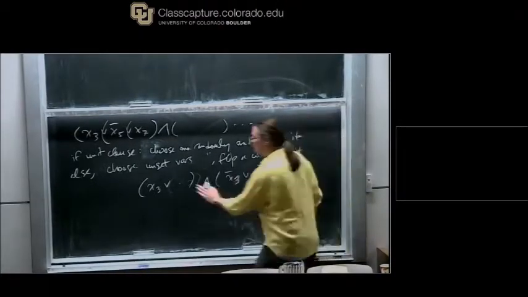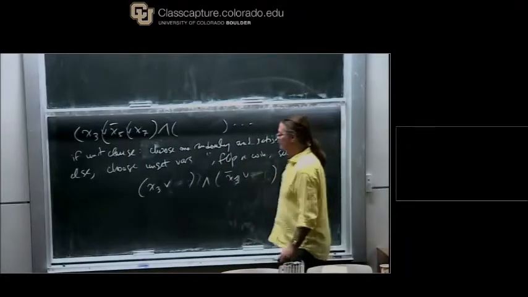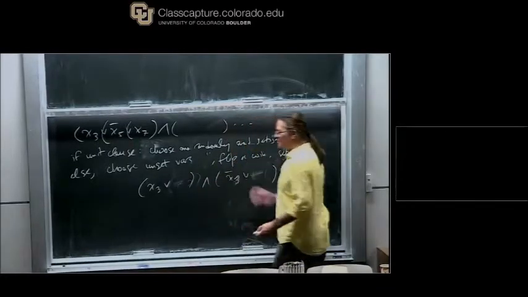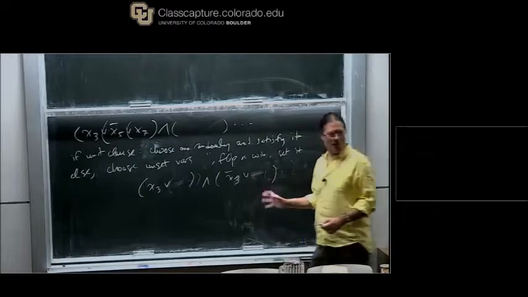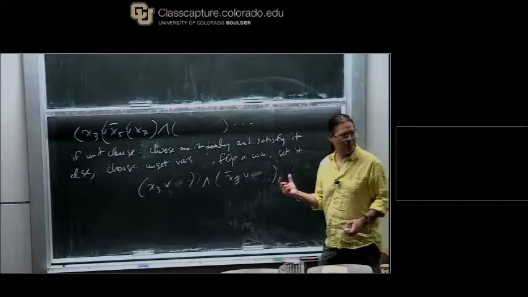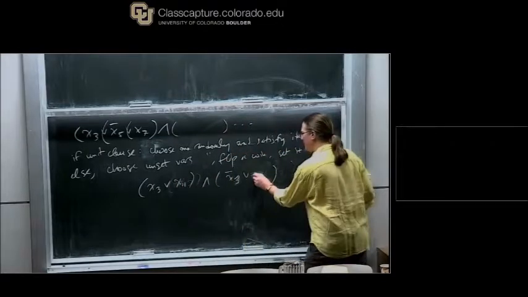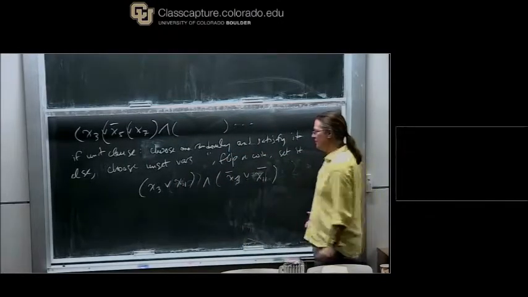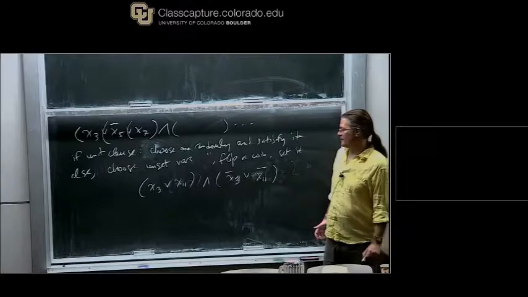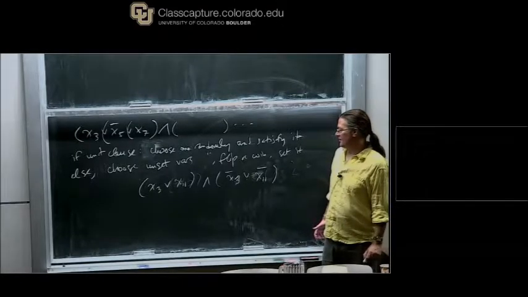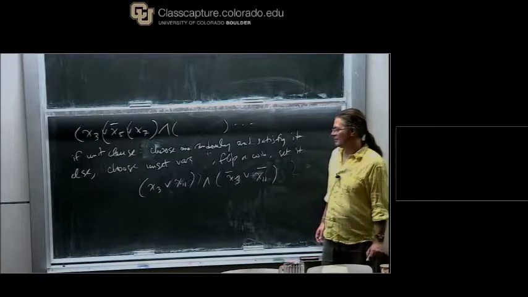Actually, this particular situation would be very rare because it corresponds to a small loop. But for instance, if this wants x11 to be true and this wants x11 to be false, let's see. Actually, this would be okay.